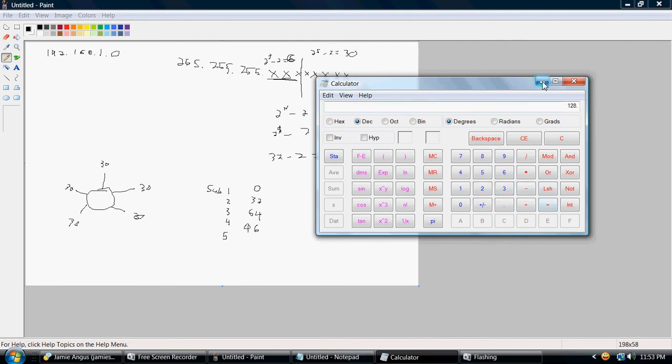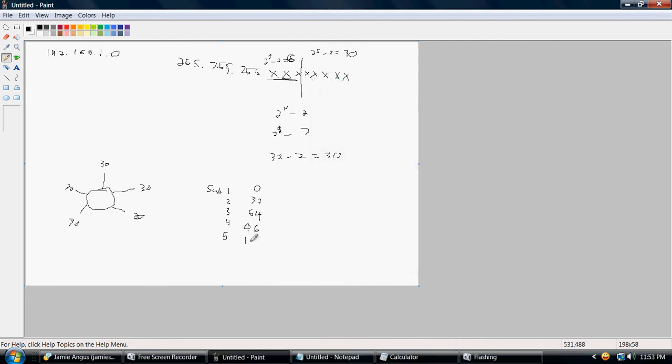And whatever number is before this number is going to be our broadcast ID. So 127 is going to be here for subnet 4.